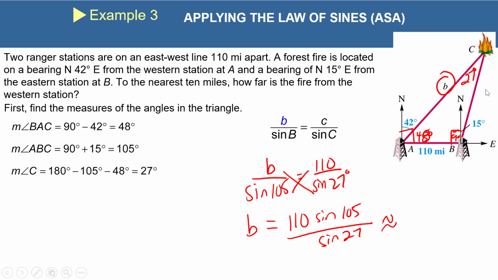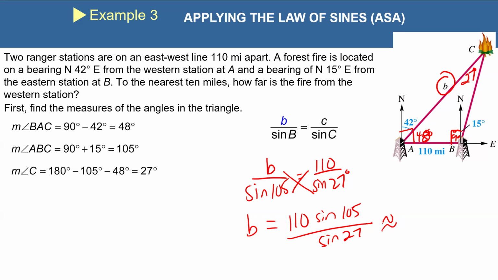The 110 is the measure for angle B, the whole angle. Remember we talked about this has to be 90, and I went 15 more. Oh, 110. Sorry. 110 is right here, because it's across from angle C. Yeah, remember your sides are always across from your angles.